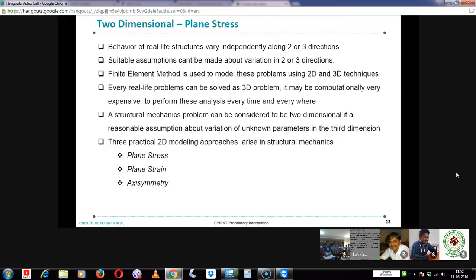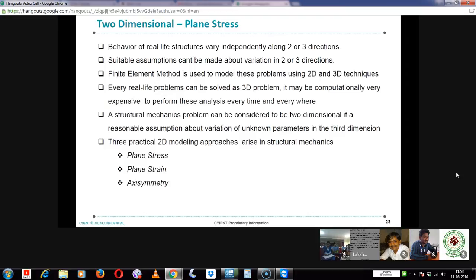It is not dependent on one dimension, it is independent in all three directions, and we can make suitable assumptions about the variation in two or three directions. That means we can make some assumptions in such a way that the model will be very simplified, and at the same time, results won't be compromised.